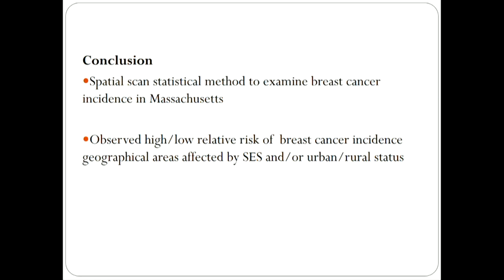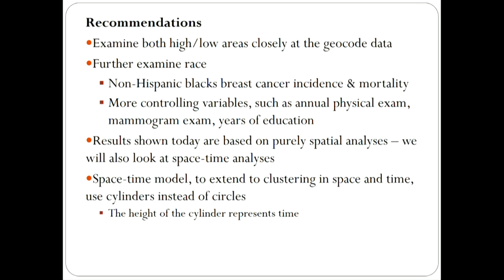Okay, so our conclusion is that the spatial scan statistics, especially SaTScan, can be used to examine breast cancer incidence in Massachusetts. The observed high and low relative risk of breast cancer incidence can be affected by socioeconomic status or rural-urban status. So for future study, we may need to find additional covariates, explanatory variables.